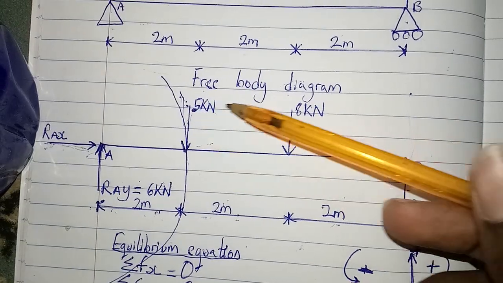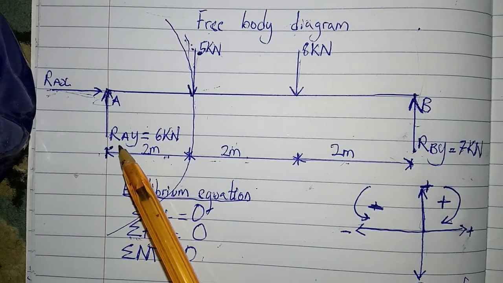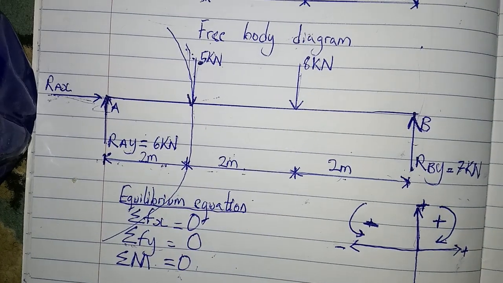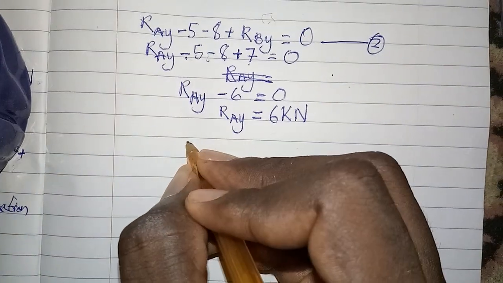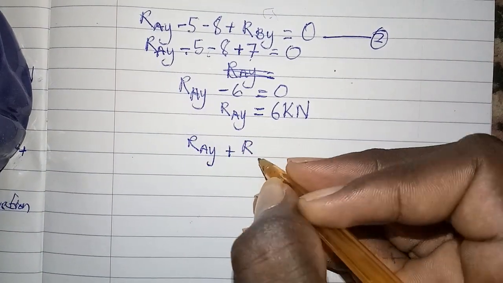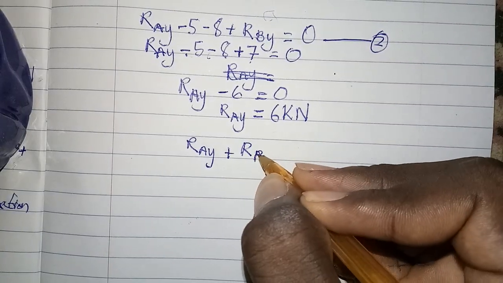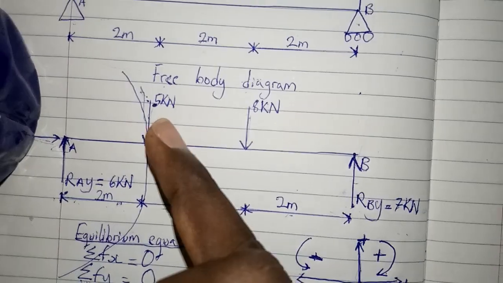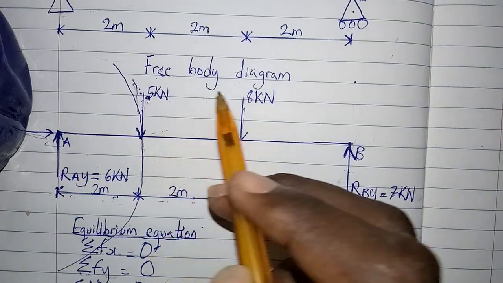The upward forces are reaction A and reaction B, 6 and 7, and the downward forces are 5 and 8.